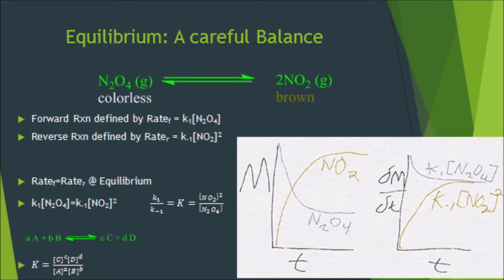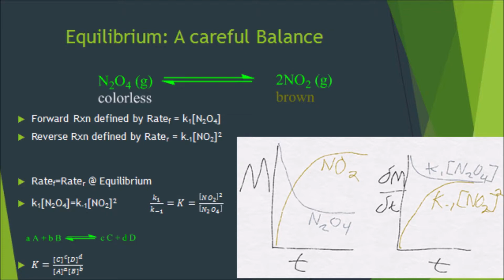Equilibrium does not mean all reactant is consumed or all potential products have been formed. Equilibrium just means that the rate of the forward reaction and the rate of the reverse reaction are the same. The reaction is essentially stopped. This word essentially will be important later on when we understand such things as Le Chatelier's principle.